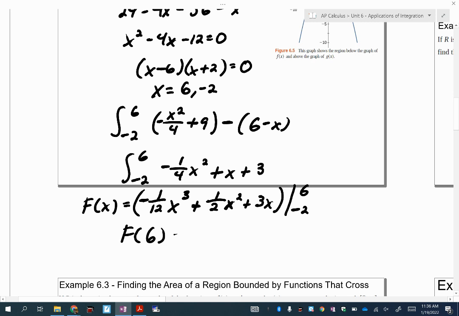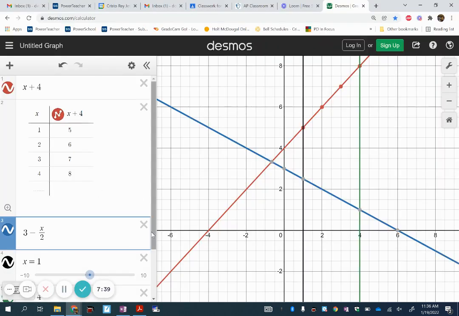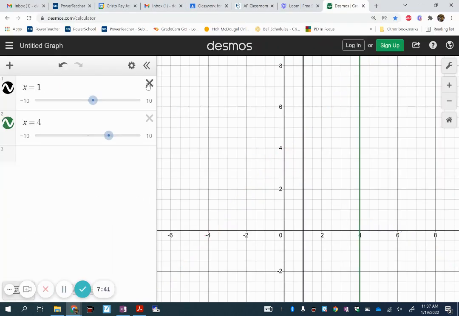So I'm going to go ahead and, since I ran out of room, I'm going to use Desmos here and type this in. All right, so let's plug in 6 and negative 2 into this function. Okay, delete all this.